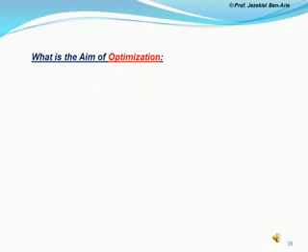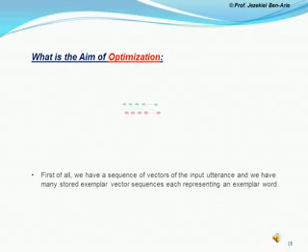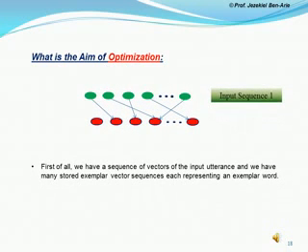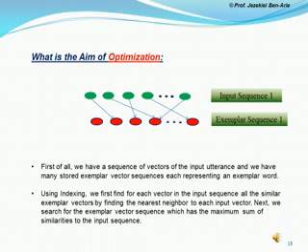So, what is the aim of optimization that we mentioned? First of all, we have a sequence of vectors of the input utterance, and we have many stored exemplar vector sequences, each representing an exemplar word. Next, using indexing, we first find for each vector in the input sequence all the similar exemplar vectors by finding the nearest neighbors to each input vector.